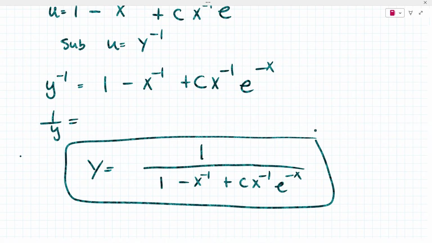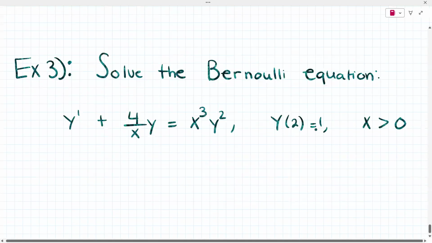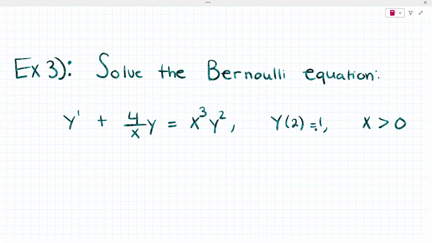Okay, let's do one more example, example 3. Example 3 says solve the Bernoulli equation y prime plus 4 over x y equals x cubed times y squared. This time they give us an initial condition of y(2) equals 1, so your x coordinate is 2 and your y coordinate is 1, where x must be greater than 0.